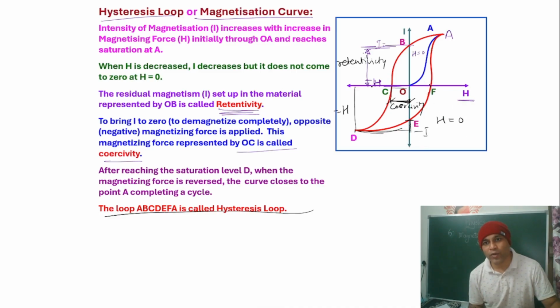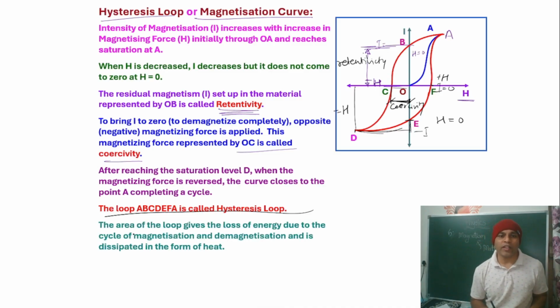We have to cross this much distance, negative H plus H, to reach just I equal to 0. Here I is equal to 0 but H has a positive value. And then again it reaches the limit.